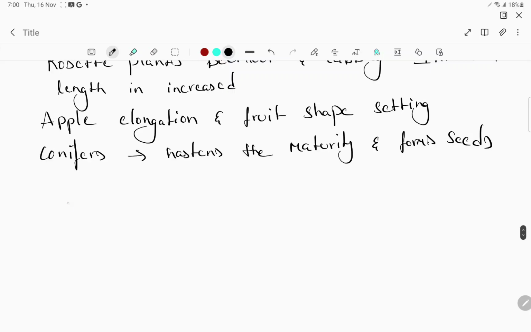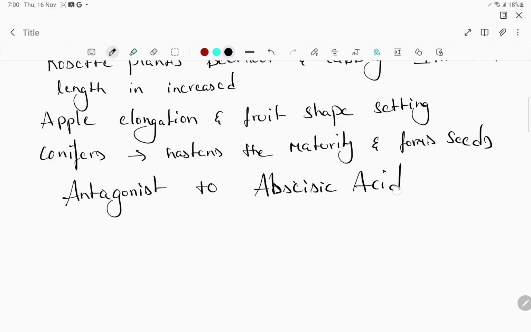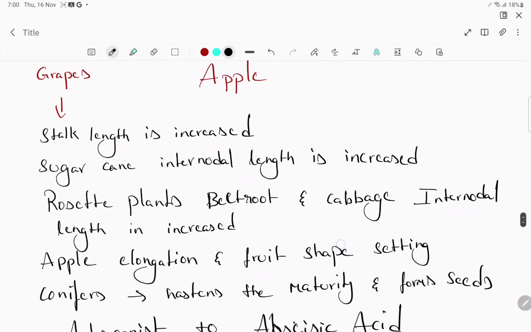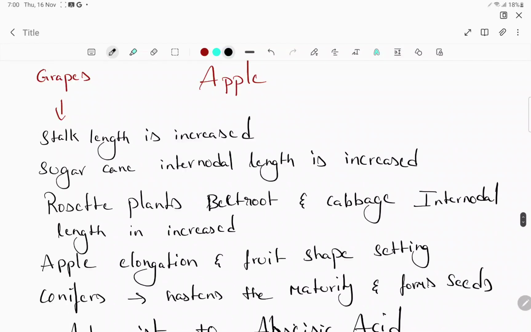And gibberellic acid is antagonistic to abscisic acid. So they both are antagonistic to one another. So this is gibberellic acid.